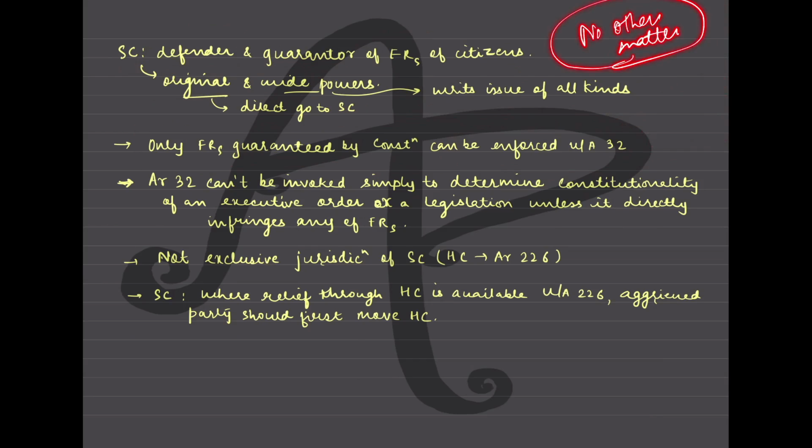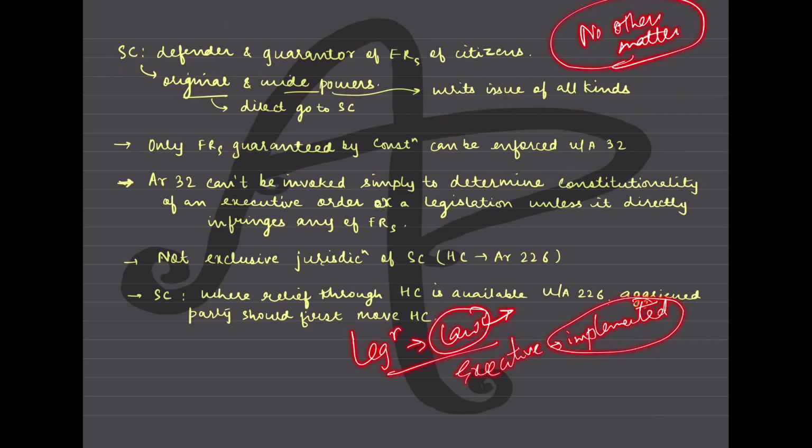Let's say the legislature has made a law, the executive implemented that law, and the people found that there are certain issues with the law, let's say the provisions, and certain issues with the implementation also.